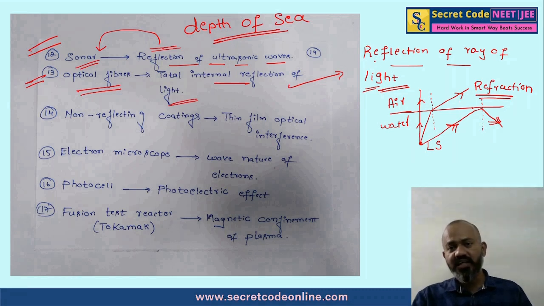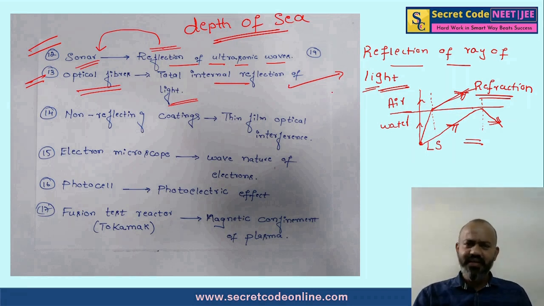That is what is known as total internal reflection. I'll repeat it again: whenever the angle of incidence is greater than the critical angle, total internal reflection takes place. Whenever it is not greater, the rays are refracted into other mediums.